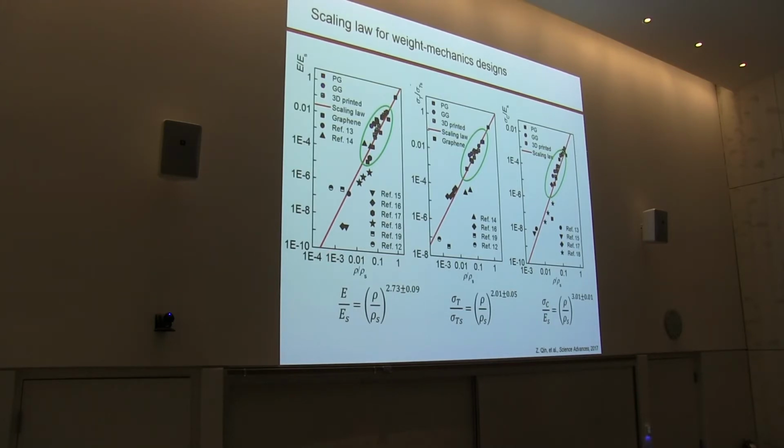Using this scaling law, I can also extrapolate and compare with literature reports for graphene aerogels. You can see the simulation and modeling results agree with those experimental reports. More importantly, once I have this curve, I can extrapolate to very low density, such as air, and tell directly the modulus, tensile strength, and compression strength.